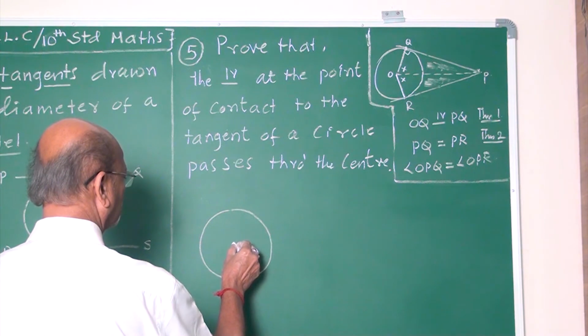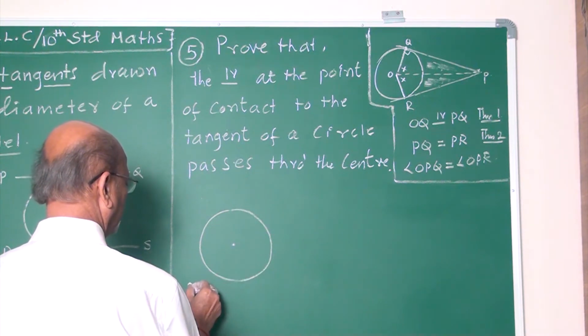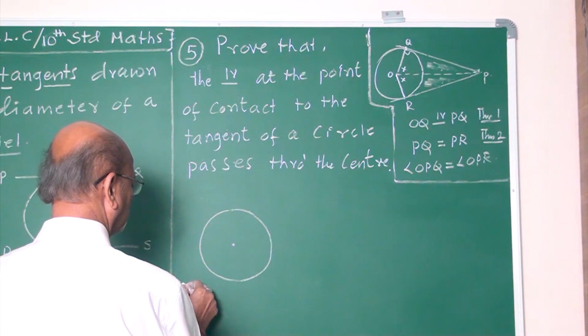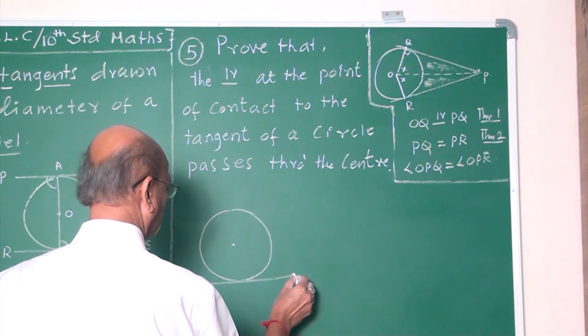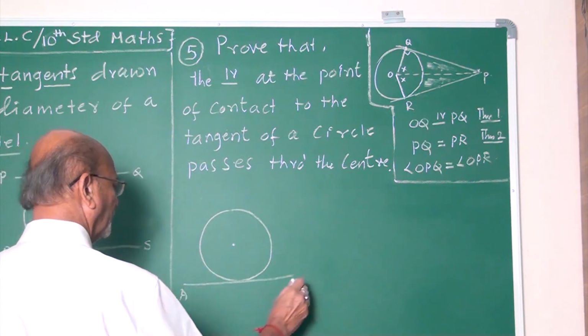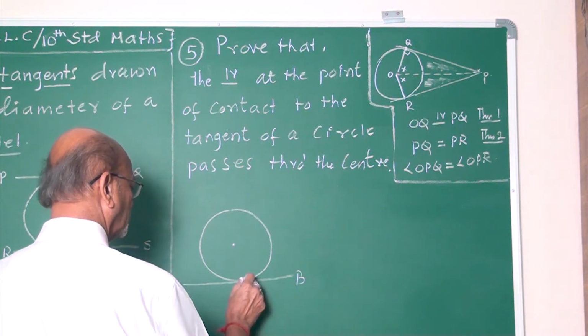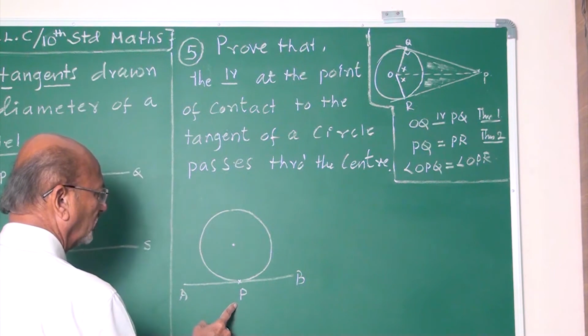This is the center of the circle. This is the tangent to the circle at the point P. This is the point of contact.